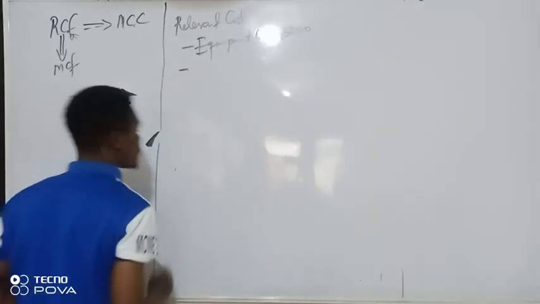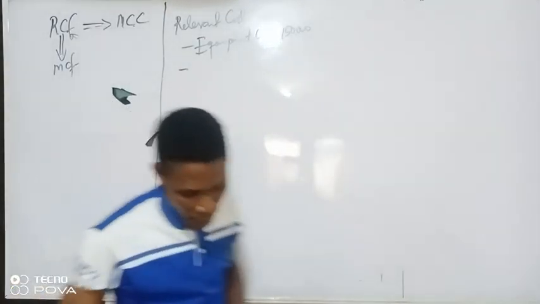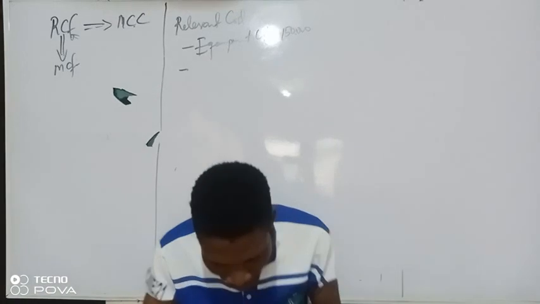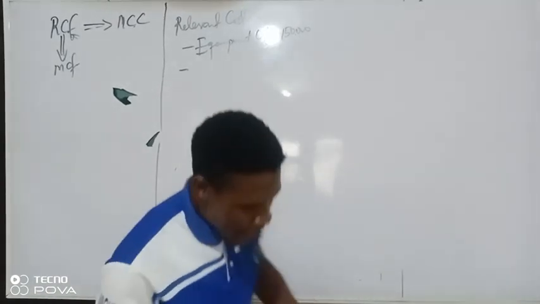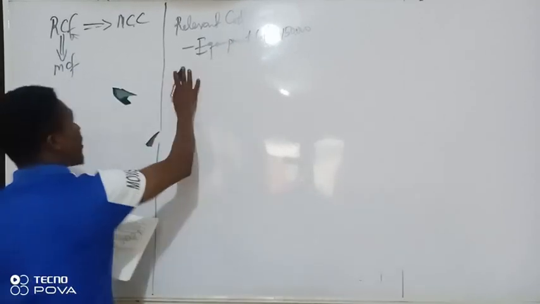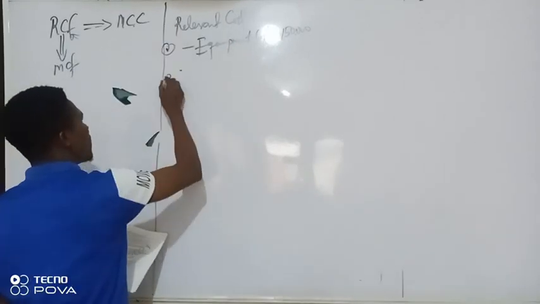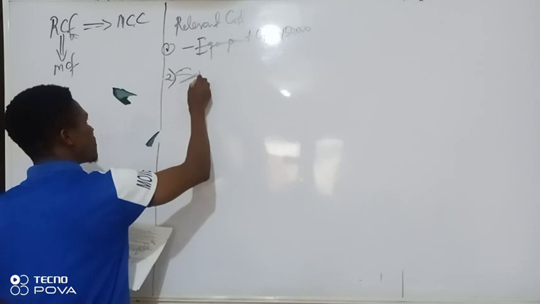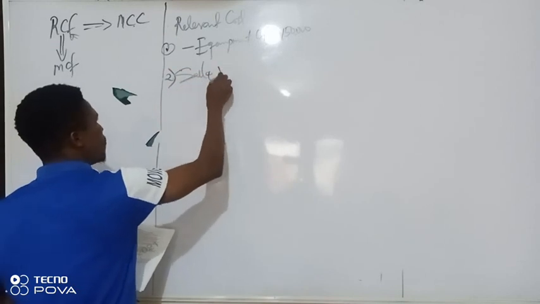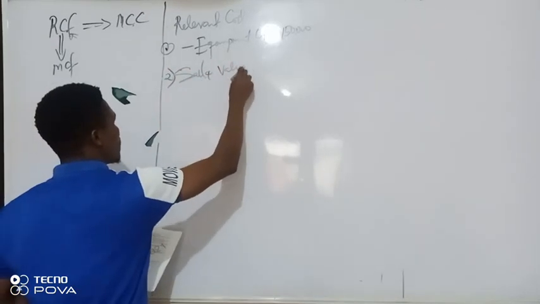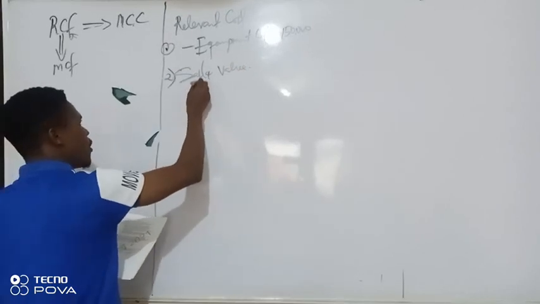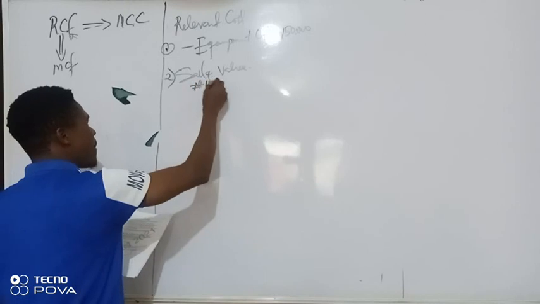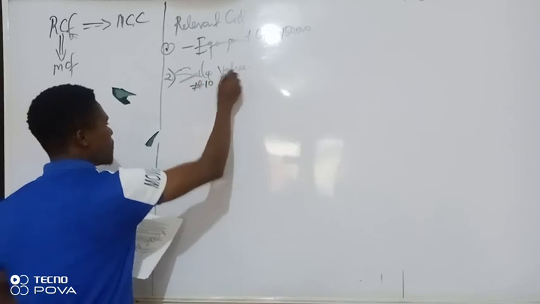Number two, the cash flows. Now, number one, we have our selling price per unit. Number two, the value in units. As at today's price, you pay 10 naira per unit.